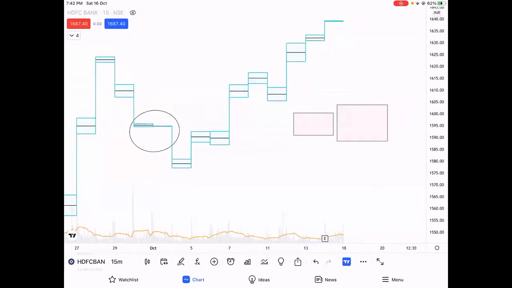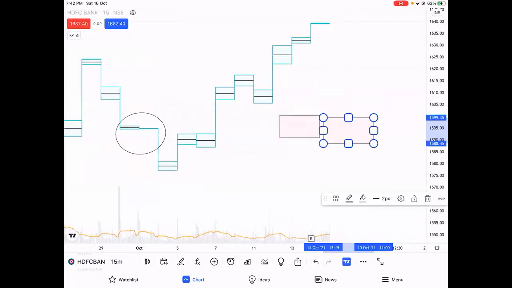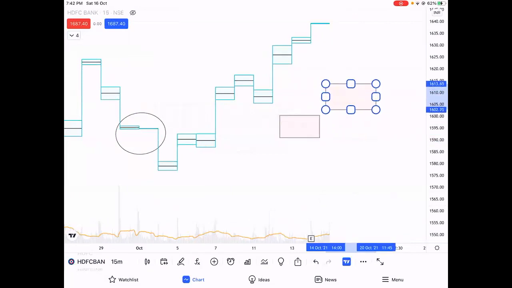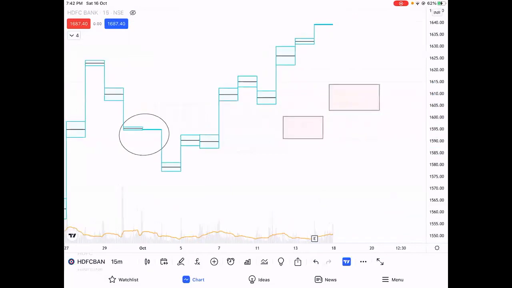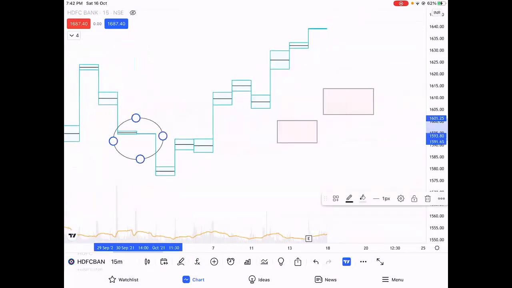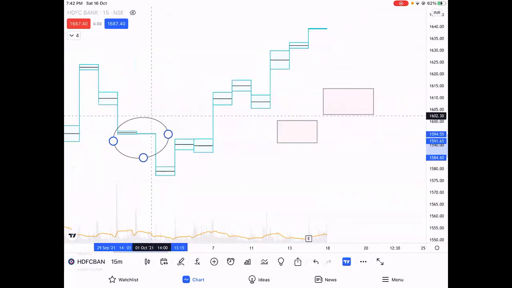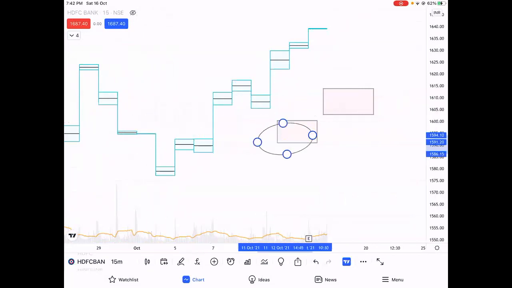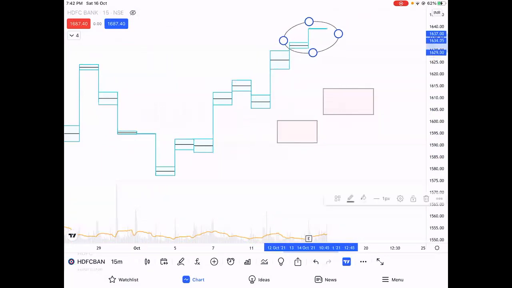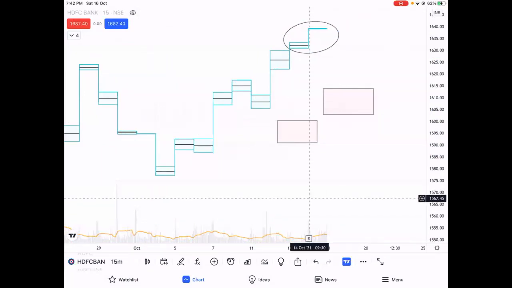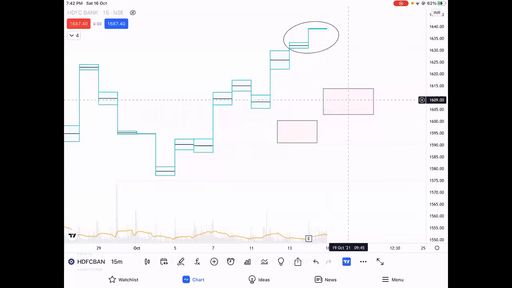Correct. And now let's talk about ascending CPR. Whenever there is a formation like this, you can see this particular formation here. Whenever you see this kind of formation, this is ascending CPR.